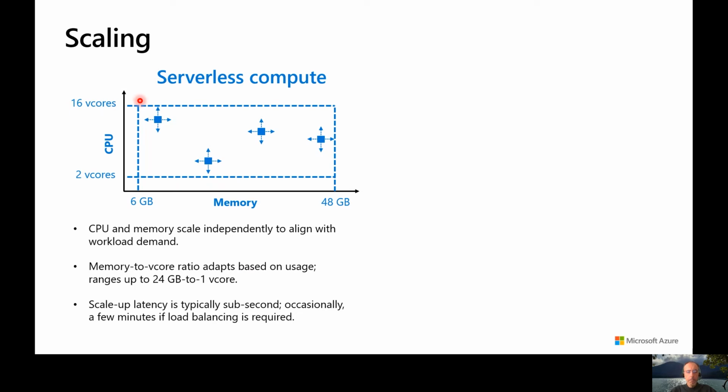Serverless tends to be able to accommodate that rescaling operation very quickly, usually in under 1 second, although there can be occasions where that scale-up time is on the order of a few minutes if load balancing is required internally within the service. And we'll talk a little bit more about that later. But for the most part, most of the time, the scaling in serverless is virtually instantaneous.